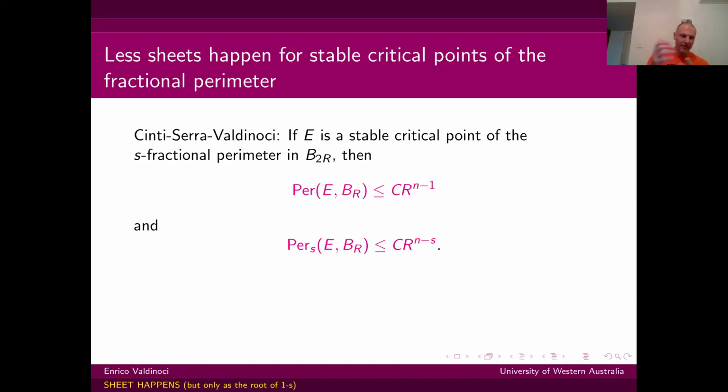So having a perimeter bound is something that you cannot just extract from energy considerations, right? So it's a regularity result that is valid in every dimension. But more than that, for me, it's a result that suggests that sheets should be naturally reduced in the non-local case.